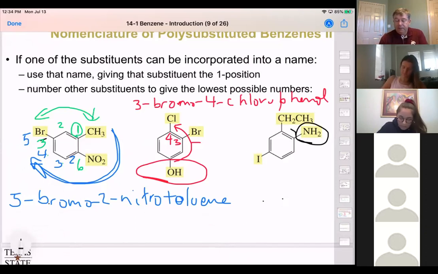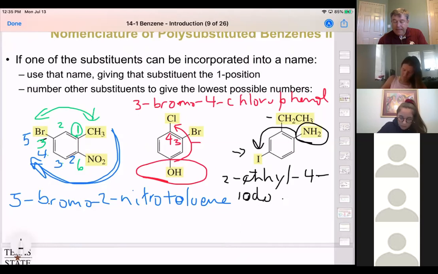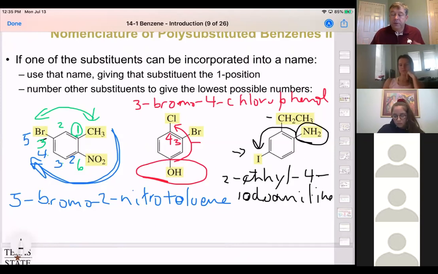We have ethyl versus iodo, so we're going to start with 2-ethyl, 4-iodo, aniline. After you've gone past those 2 substituents, 3 and more, you always use those same rules to number it. So you can name 4, 5, and 6 times substituted benzene rings this way.